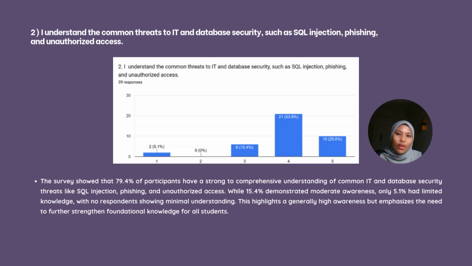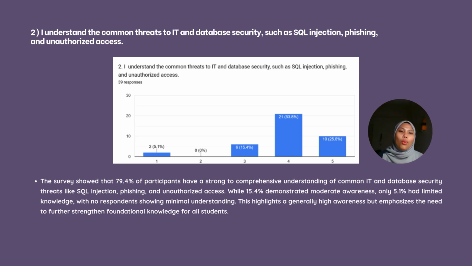Specifically, 79.4 percent of respondents, which is 31 out of 39, rate their understanding as either 4 or 5, indicating a strong awareness of these risks, while a smaller group of 15.4 percent, which is 6 participants, rate their understanding as 3, suggesting a moderate level of awareness, and only 5.1 percent, which is two participants, rate their understanding as 1, reflecting limited knowledge.